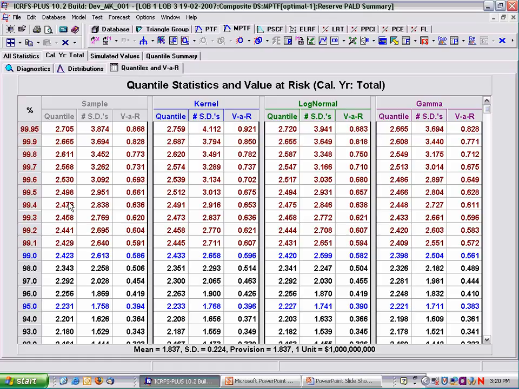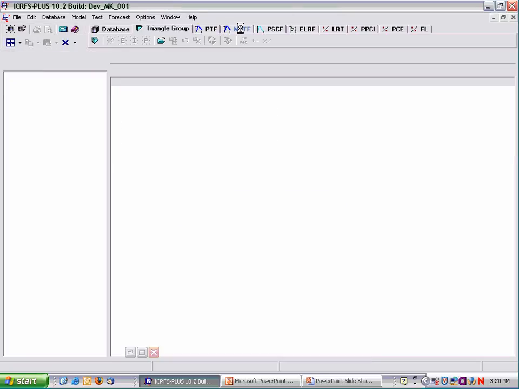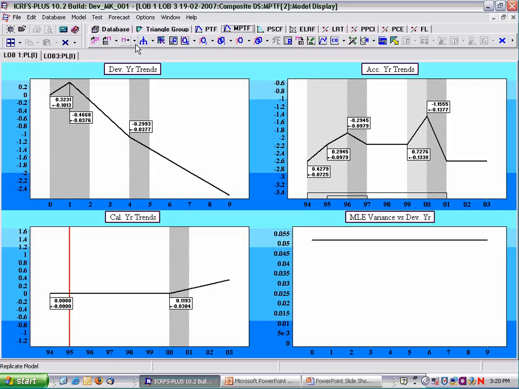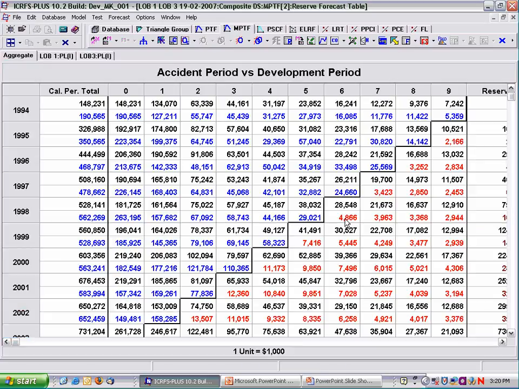And this is for the aggregate, where you don't really have that much diversification because you've got quite a bit of correlation. Of course, what you could also do is go back and estimate the model for the two lines of business, and set the correlation, say, to 0. You could do that. And now when you do the forecasting, you're just finding the aggregate distribution as if they were independent.